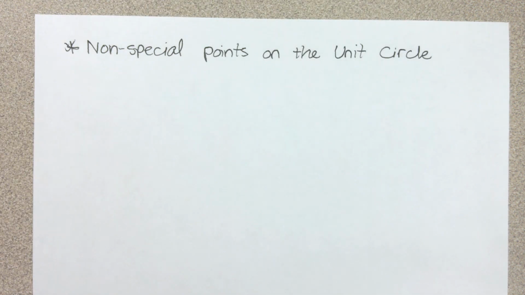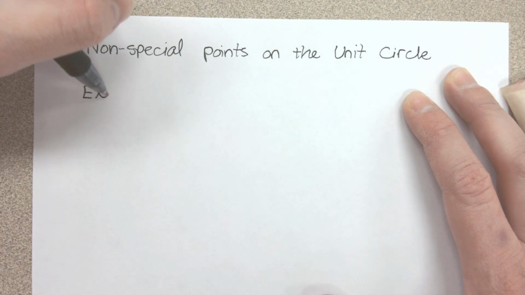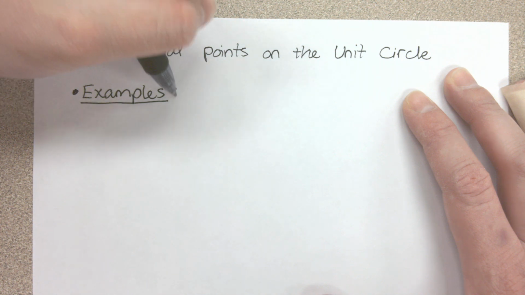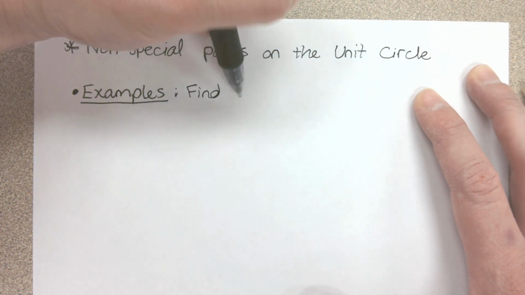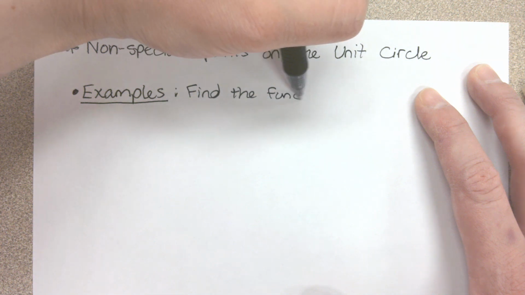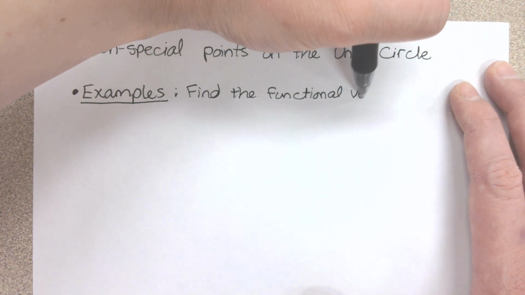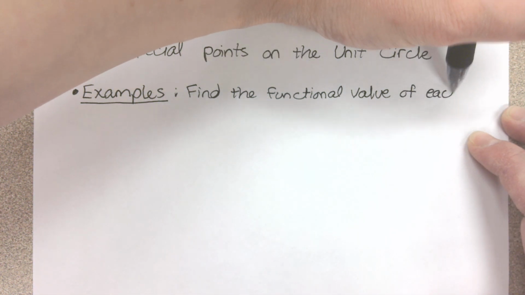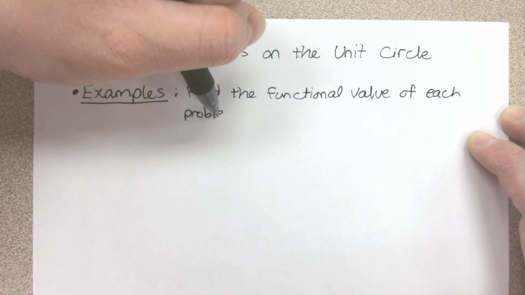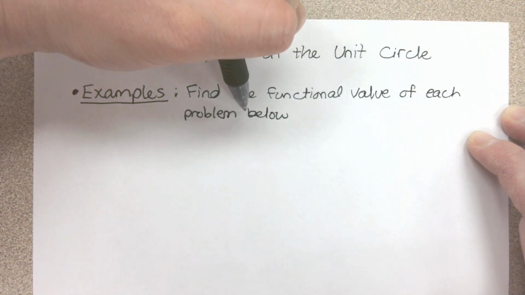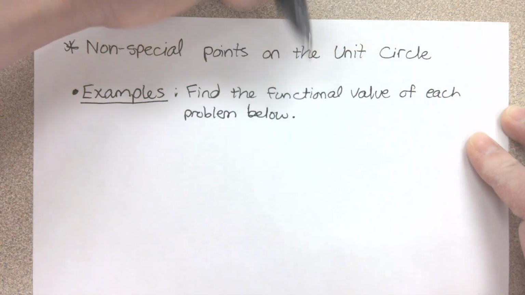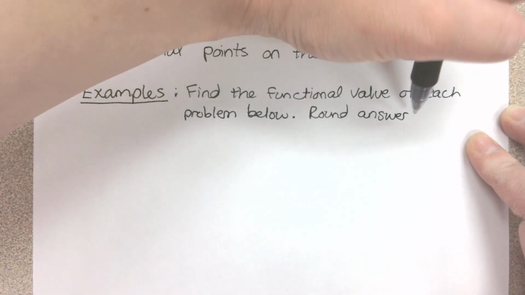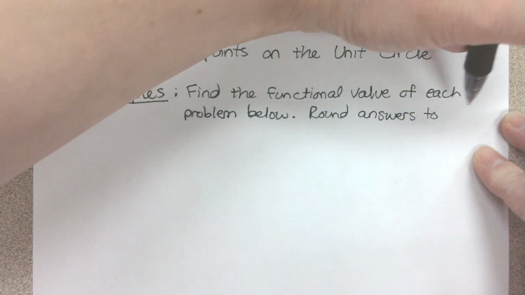So if you have a non-special problem, here's what your directions will look like. Find the functional value of each problem below. Round answers to 3 decimal places.